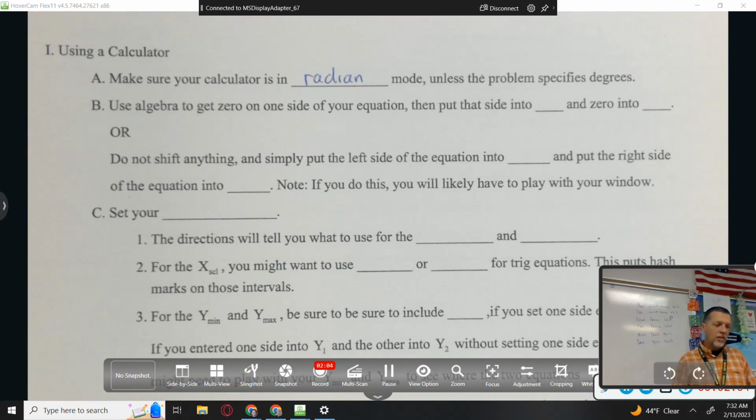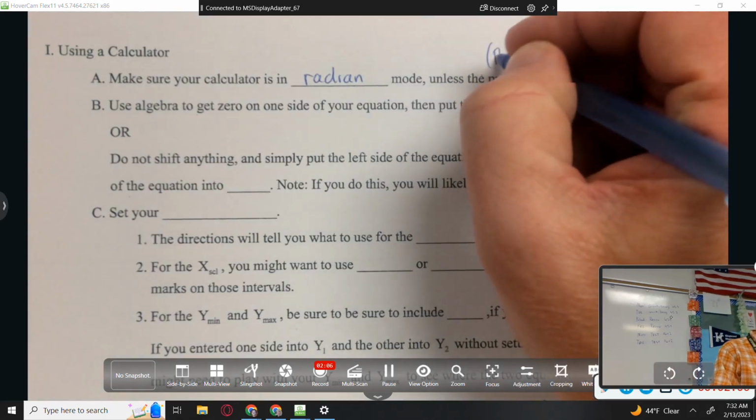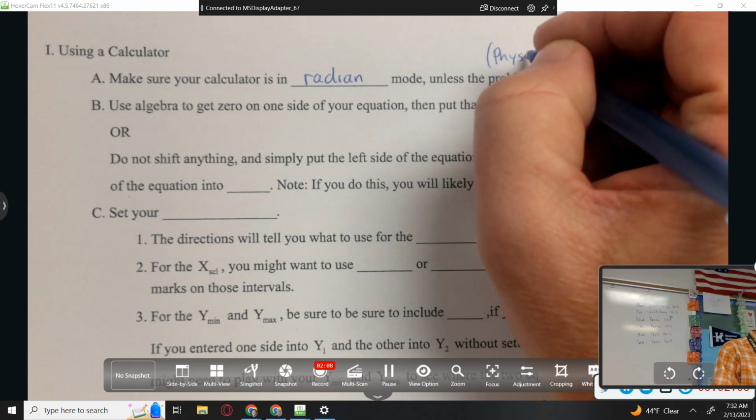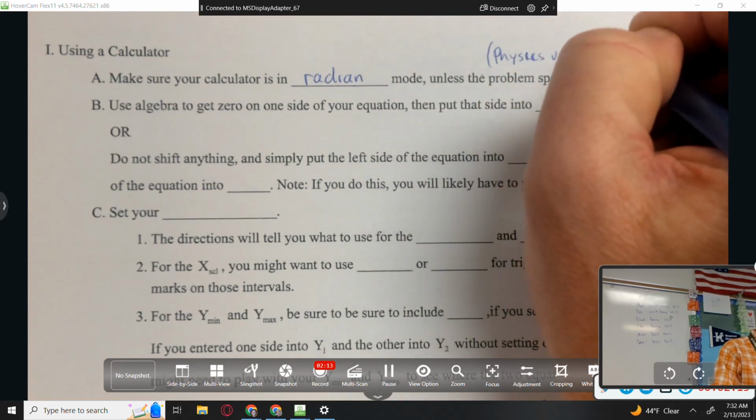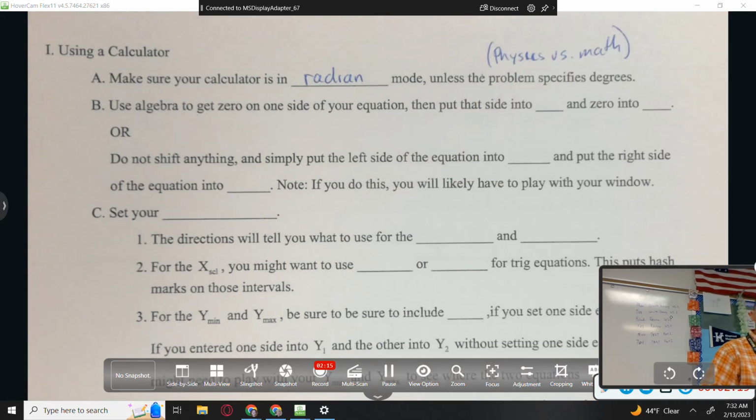This is where you need to be careful, because in physics you're usually in degrees, math you're usually in radians. So be careful. Most of you are using your own calculator, so be careful going back and forth between physics class and math class on what mode you're in.